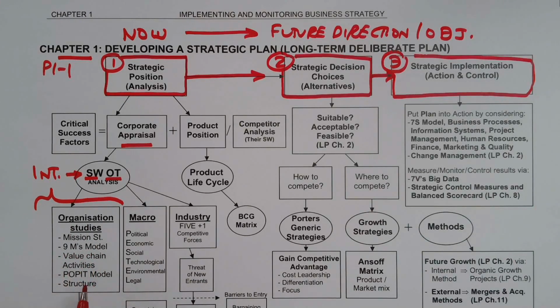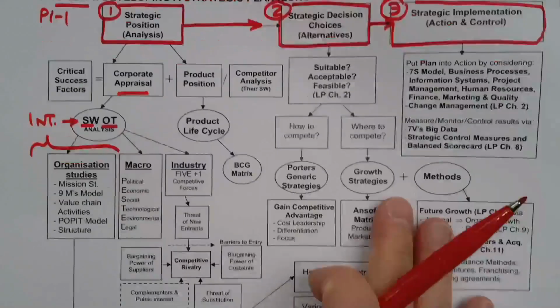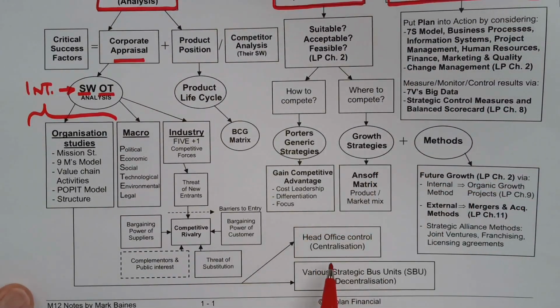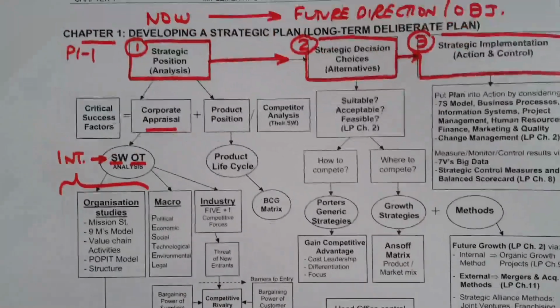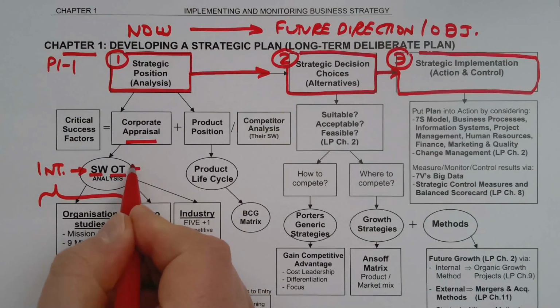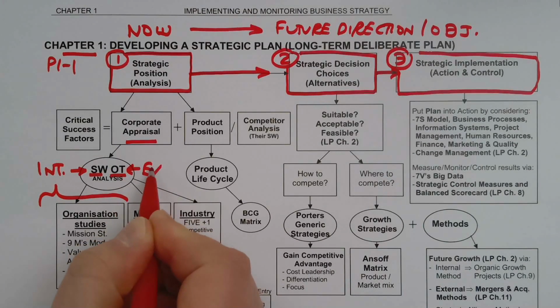Looking at the mission statements, 9M's model, value chain activities, POPIT, as well as also looking at the way we've structured the organization. Are we centralized with lots of head office control, or are we decentralized with lots of various strategic business units? Not only thinking internally, but what's maybe more important is what's happening externally.